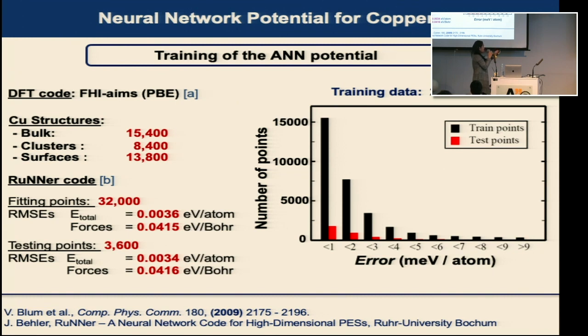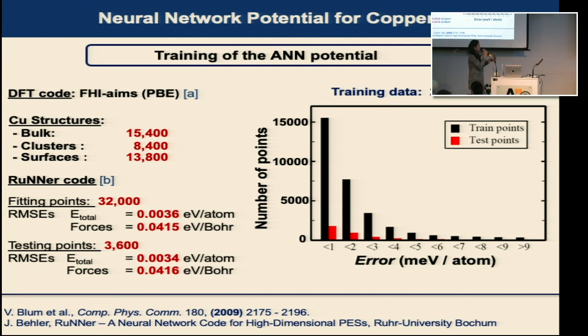In this reference data, we split it into parts. We have 10% of the structures not included in the training set, to check the accuracy of the neural network potential. You can see that for most of the structures, the RMSE compared to DFT is really low, lower than 1 milli eV per atom.